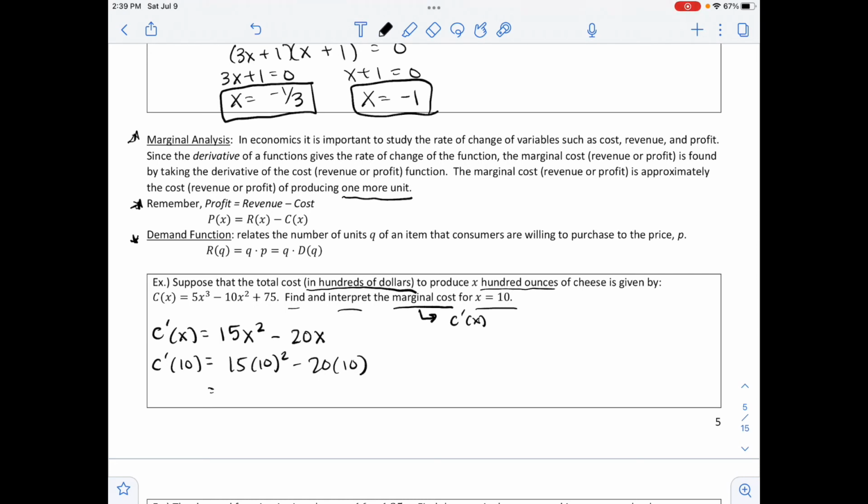From here, working this out, 15 times 10 squared minus 20 times 10 equals 1,300. And again, this is a cost, and cost up above is given in hundreds of dollars.